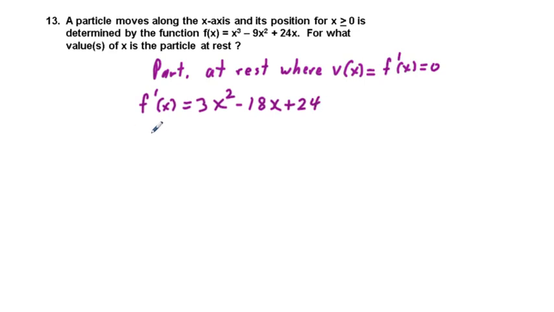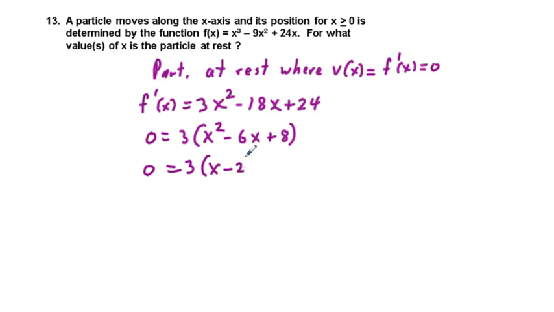And setting this equal to 0, we'll say 0 equals 3 times x squared minus, factoring out a 3, what's that going to be? 6x plus 8. So we're going to have 0 equal to 3 times quantity x minus 2 times quantity x minus 4.